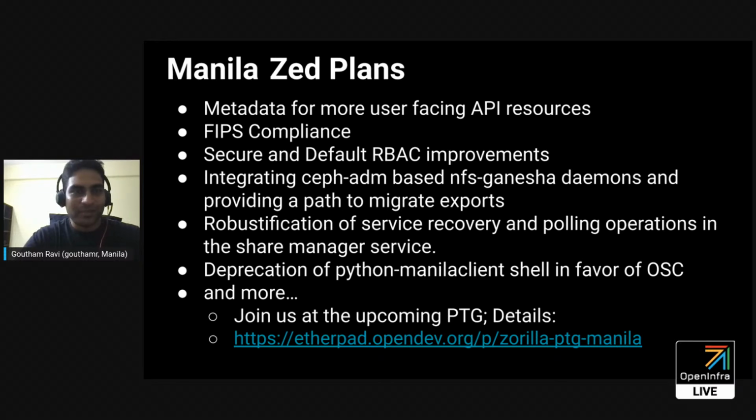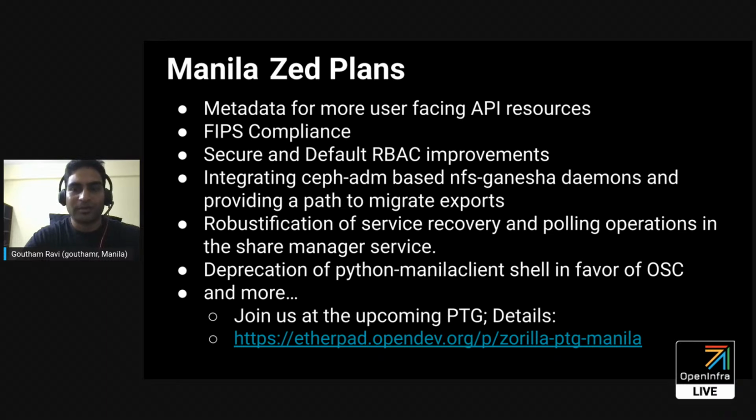Besides, in terms of features, we're looking at improving the metadata APIs, specifically adding support to add metadata to share snapshots, to export locations, to share replicas, to share groups, and other user-facing API resources. We're chasing FIPS compliance. There's a lot of work that was done to achieve FIPS compatibility in the last release, so we're looking to complete that work towards compliance in the Z cycle.